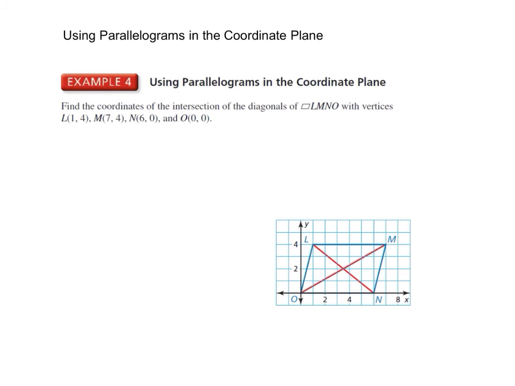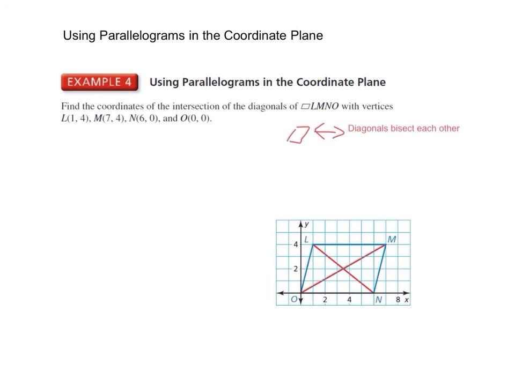All right, so if I'm wanting to find the intersection of the diagonals, what am I looking for here? So essentially we know that one of our properties or theorems states that if a quadrilateral is a parallelogram, this implies that diagonals bisect each other.